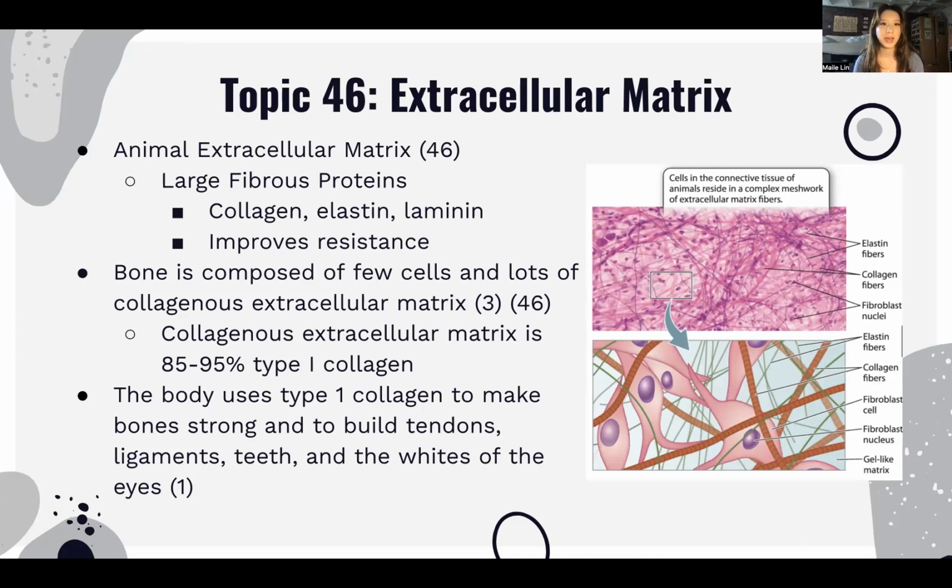And then I also looked up that bone is composed of lots of collagenous extracellular matrices, and that an extracellular matrix is made up of 85 to 95% of type 1 collagen. And the body uses type 1 collagen to make our bones strong and to build tendons and all this other important stuff. However, if you have OI, you have worse collagen production. So that means your extracellular matrices are made up of less collagen, and now your bones and everything are much weaker.